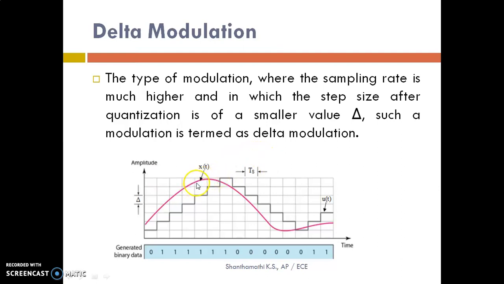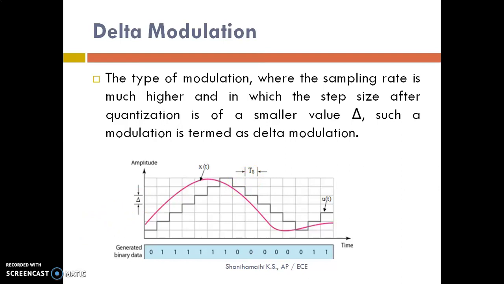This pink colored wave, x of t, is an input signal, and it is approximated to a step signal, that is a staircase approximation. Here the step size is fixed, and this staircase approximation is denoted as u of t, and the staircase step size is del and the sampling period will be Ts.